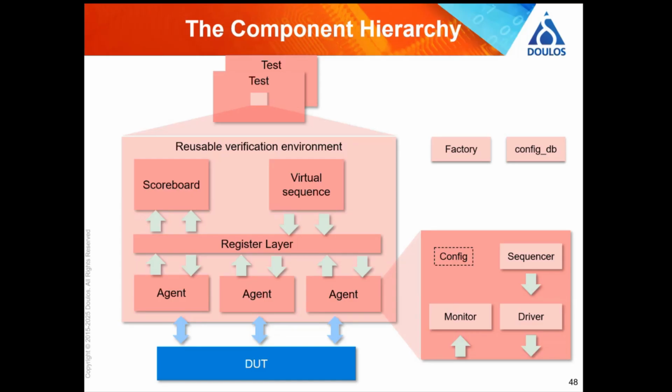So we've got other things going on here. We've got what's labeled register layer. Most chips have memory map registers, and rather than in your test saying, please write 123 to address 456, which is bound to be wrong when somebody changes something, and oh no, that register's moved to address 789 now, and you have to go back and modify your test, the register layer is what's called an abstraction layer that sits in between and means that you can write, please write mode 3 to the mode control register or something like that.